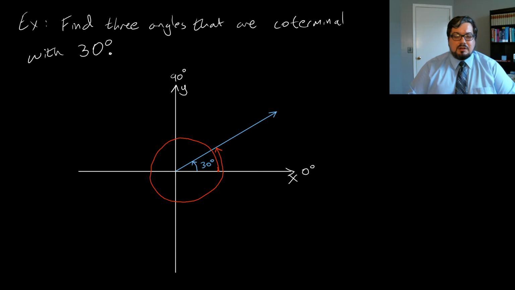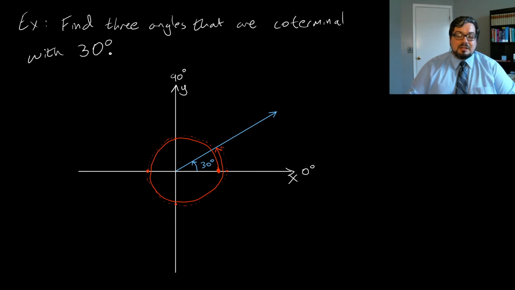If we start down here at 0, we can follow the red arc along. We see that it rotates 90 degrees, gets to 180 degrees, gets to 270 degrees down here, gets back up to 360 degrees, and then keeps going.